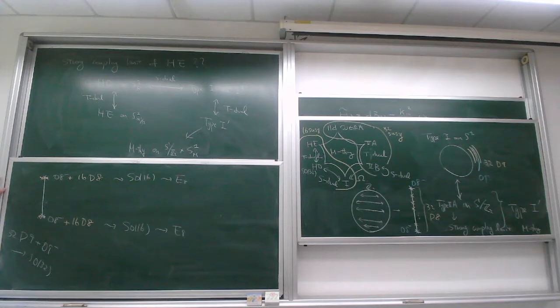It becomes E8 cross E8. That's a heuristic argument, but if you do the so-called Green-Schwarz anomaly analysis, you can check this is true. So now we have a very interesting situation we're encountering.